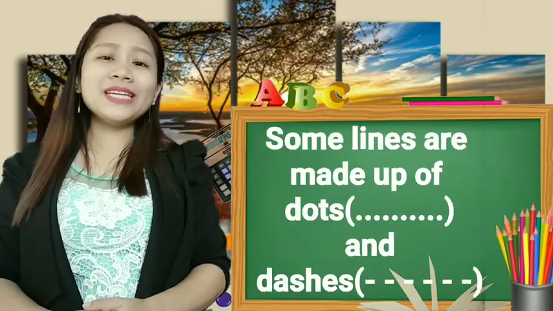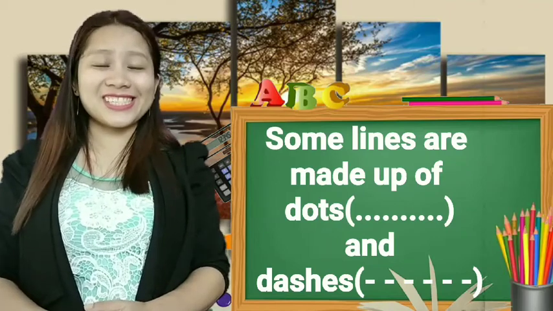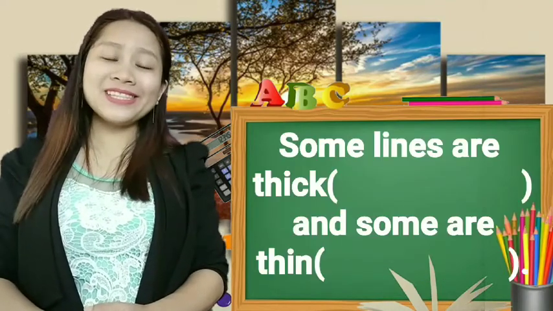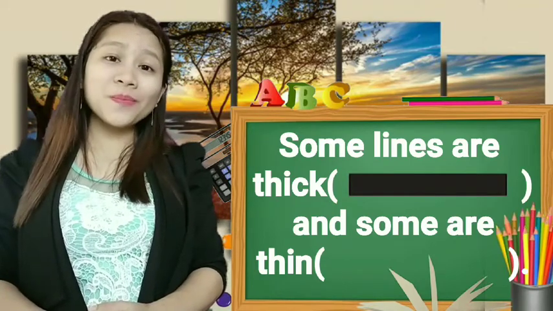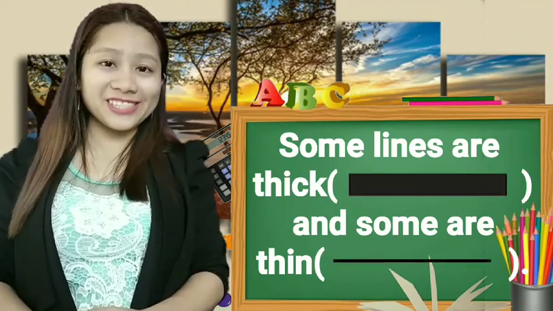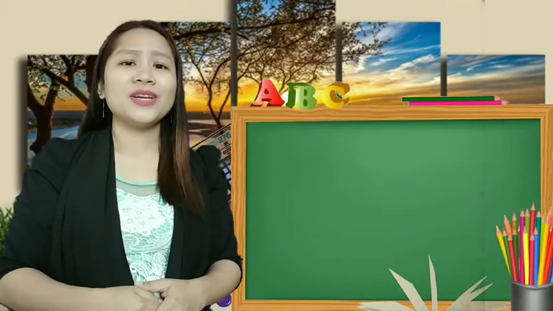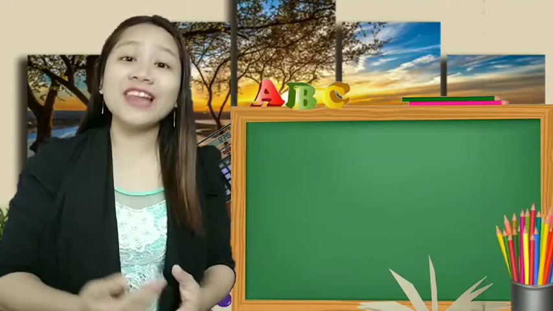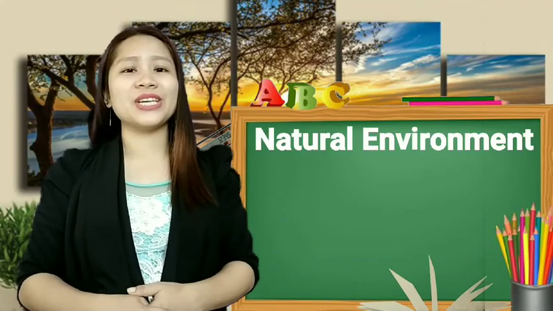Some lines are made up of dots and dashes. Some lines are thick and some are thin. Now I want you to look around. What kind of lines do you see? Think about lines in the natural environment.